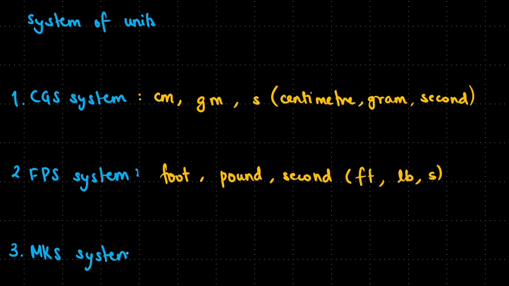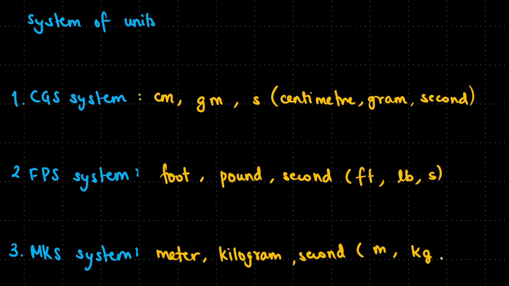The third one is the MKS system. When talking about the MKS system, we have three units as well: meter, kilogram, and second.